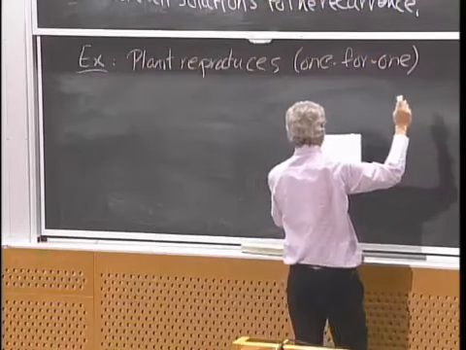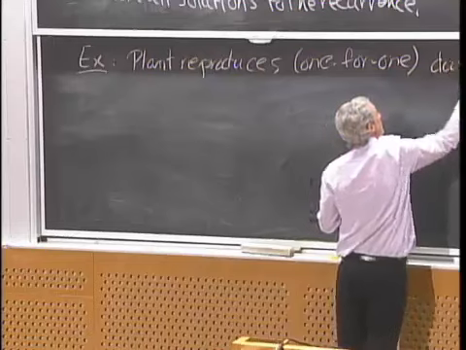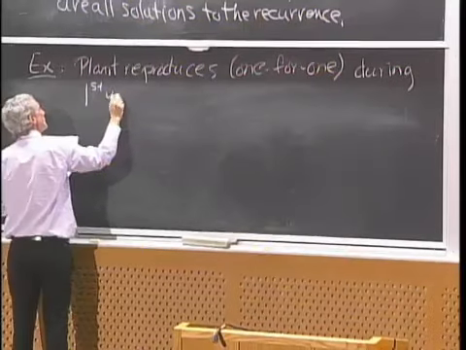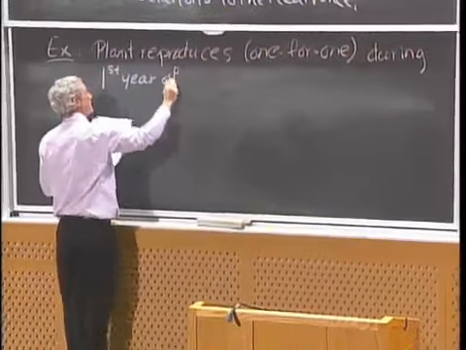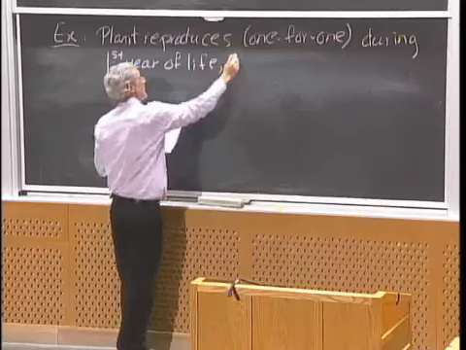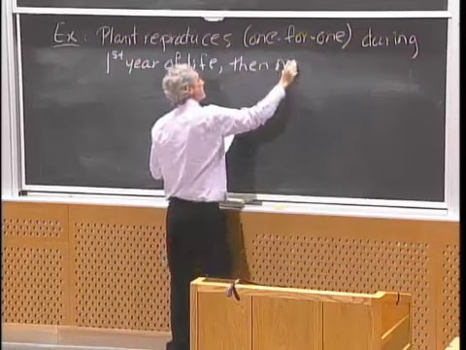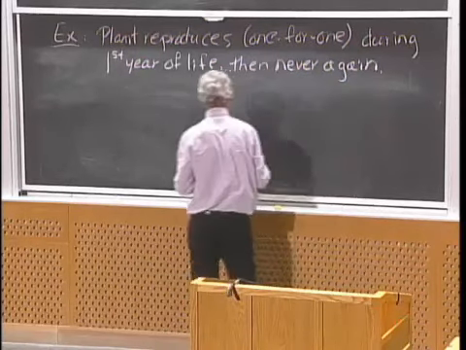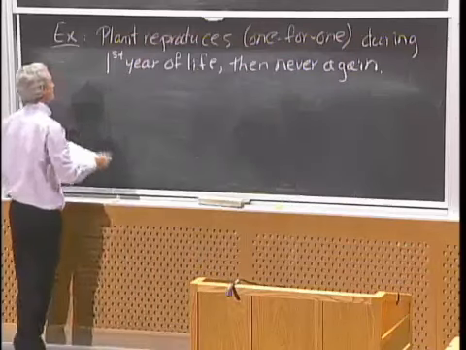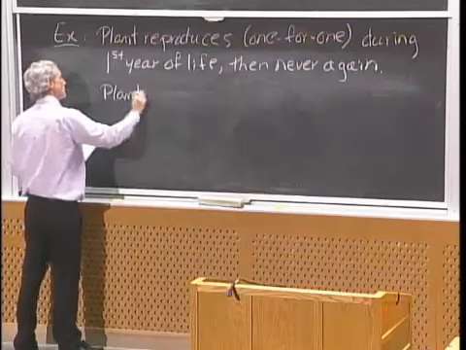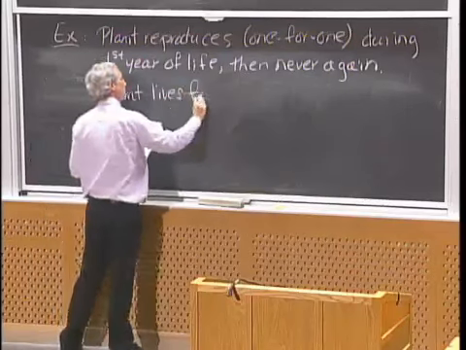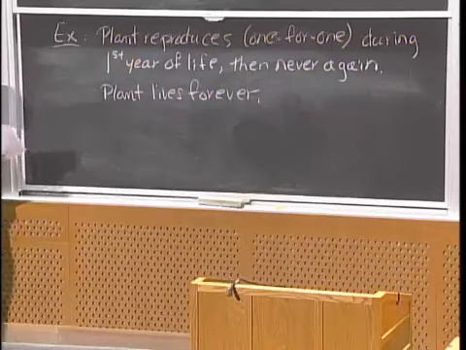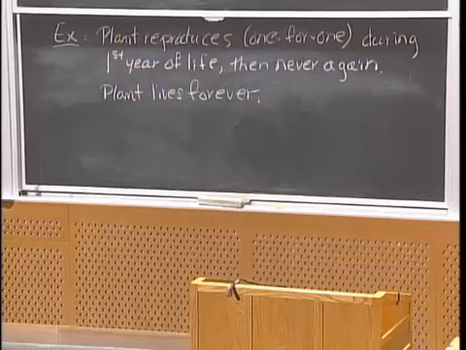So it reproduces one for one during the first year of life. Then never again. And the plant lives forever. So our question is, how fast does the plant population grow?